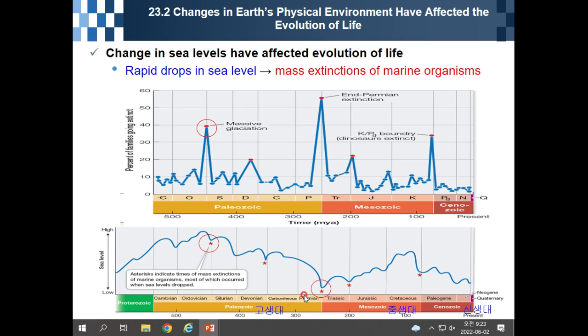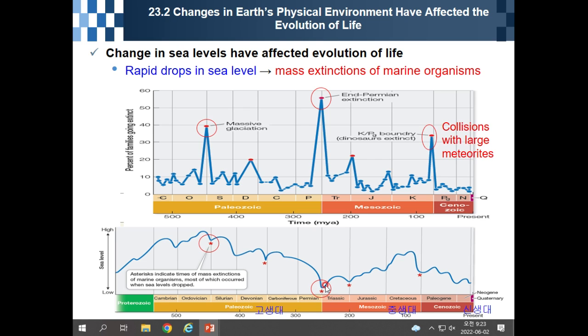So this is the end of the Permian. Sea level is the lowest, and at that time the highest extinction happens. End of Permian.